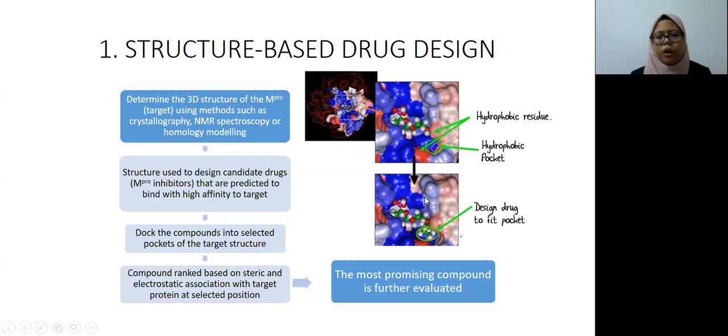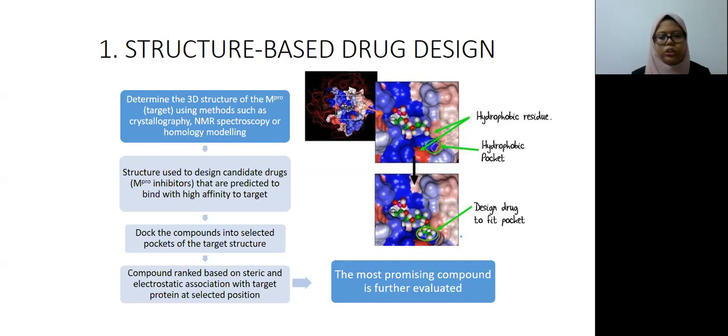From this, we need to design the drug that fits the pocket, because the drug that fits the pocket is the most promising drug that can be developed for treatment of COVID-19.